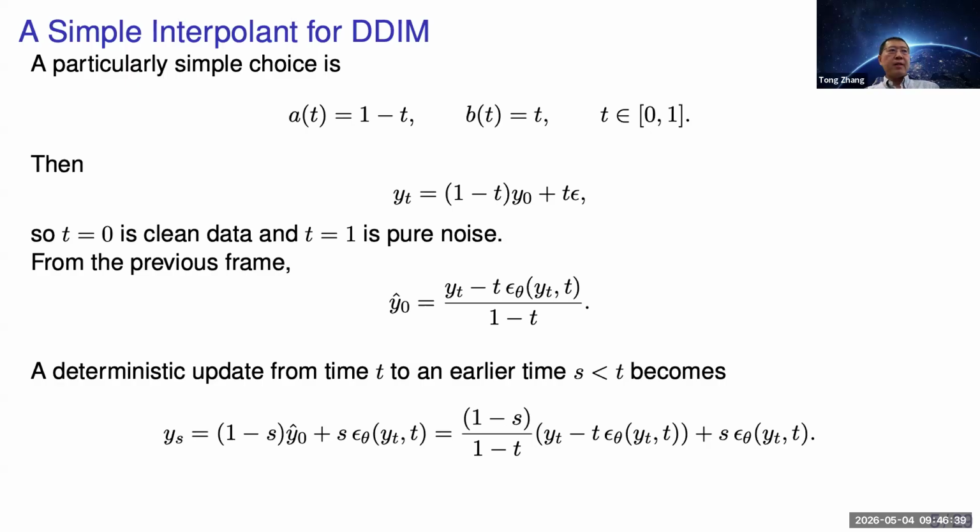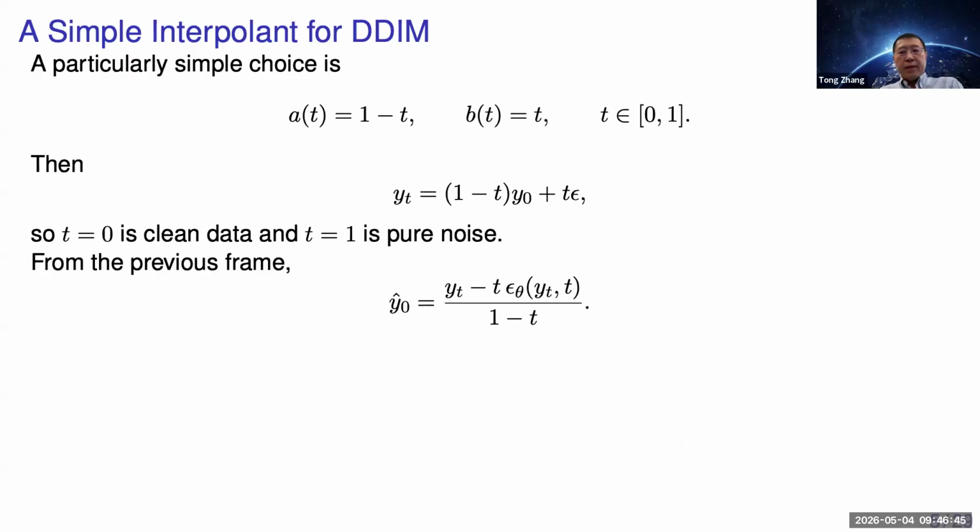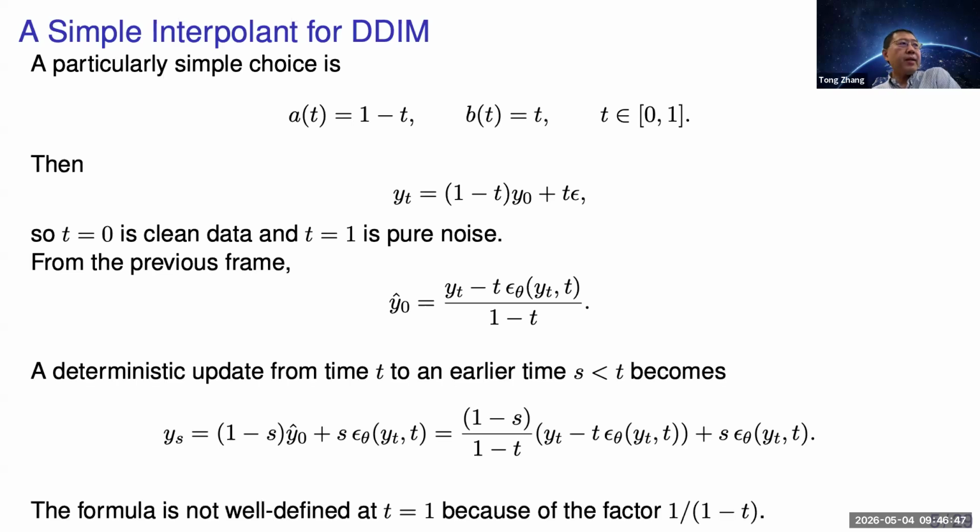How do you do that? It's actually just algebra. So we will look at that algebra. This is not well defined, basically. So you cannot directly use the diffusion model nicely without numerical problems. You just plug this in.